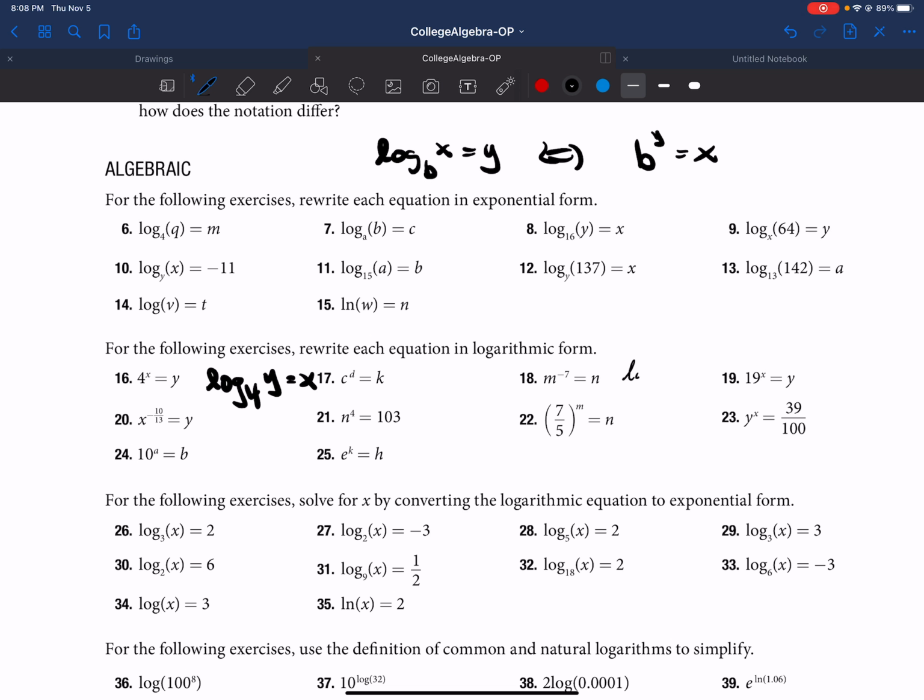So this should be log, and an equals, and here's what I would do. I see it's m to the negative 7 equals n. And what I did in my head was say m to the negative 7 equals n. It's hard for me to go this way, but it's easy for me to go this way, if that makes sense.